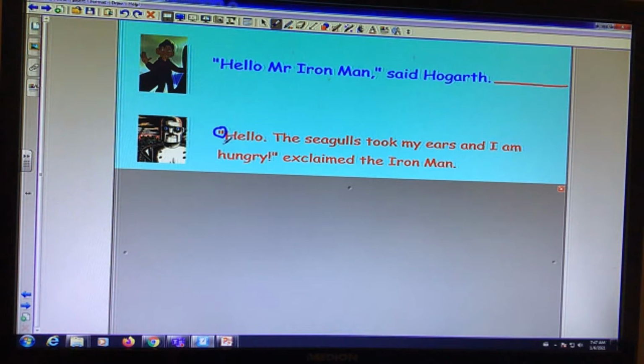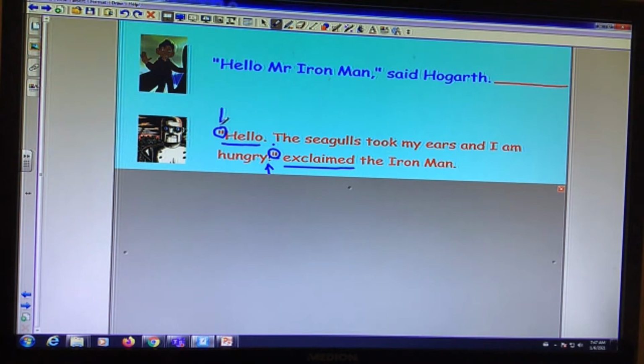He's starting the speech off. Hello, capital letter, full stop. The seagulls took my ears, and I am hungry. Now look at this here. Look, we've got some punctuation before the speech marks. So he stopped talking. Got an exclamation mark because it says exclaimed the Iron Man. Tells the reader a little bit about what he says and how he's saying it.